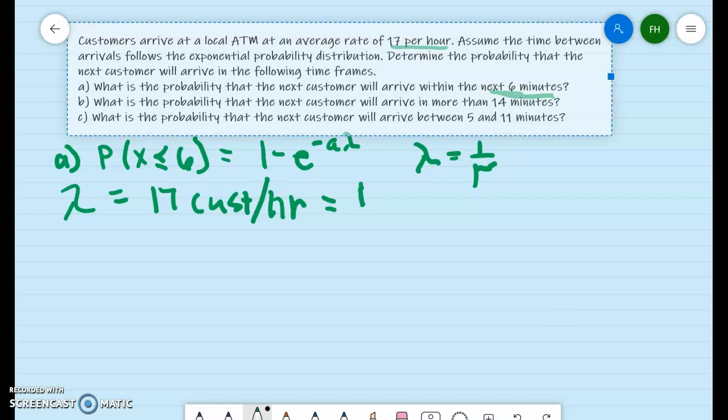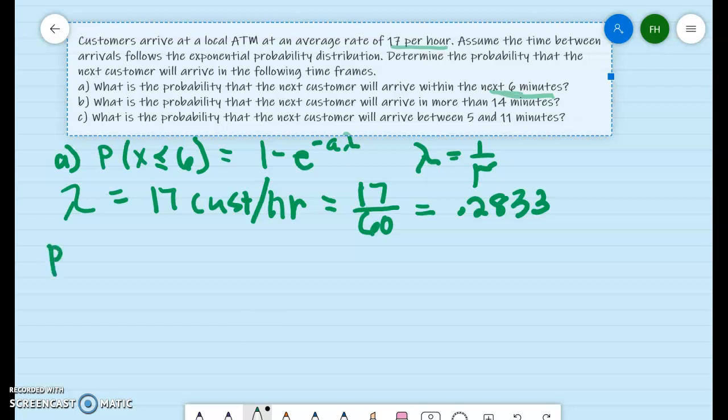So that would be 17 customers per 60 minutes, which is, you can round this to the 4th decimal place when you're working it, 0.2833. Because to compare this, we have to have the same rates. We can't have one in minutes and one in hours.